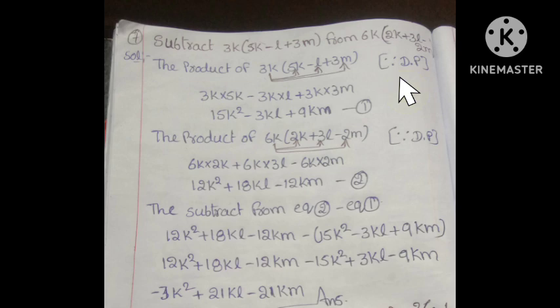Using the distributive property, we multiply the monomial by each term of the polynomial: 3k into 5k minus 3k into l plus 3k into 3m. First the product of the coefficients, then the variables.